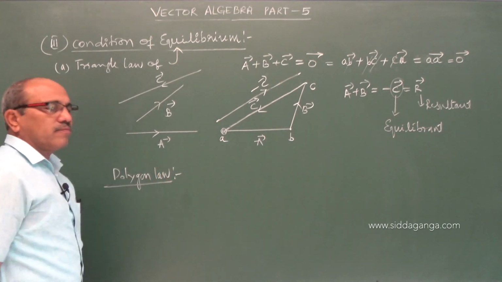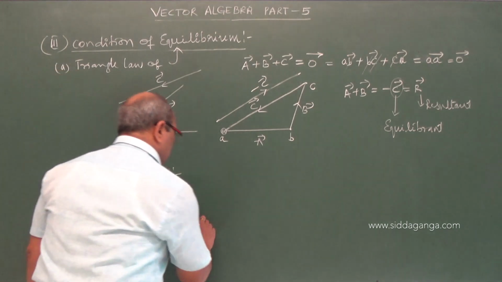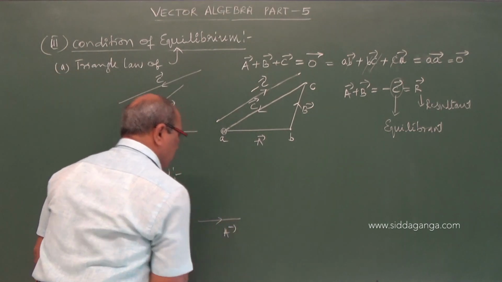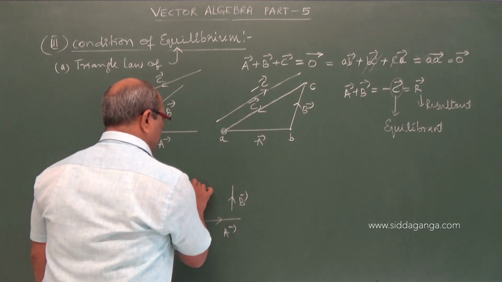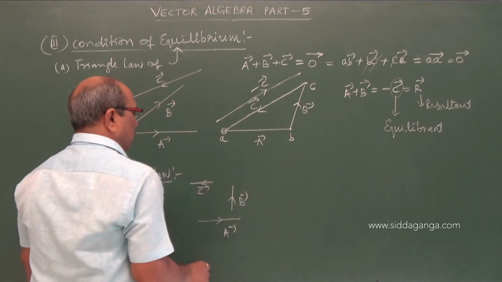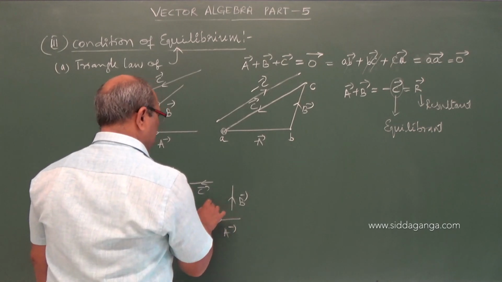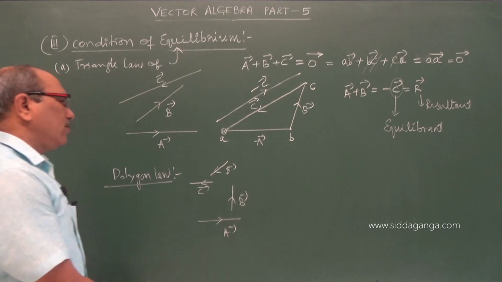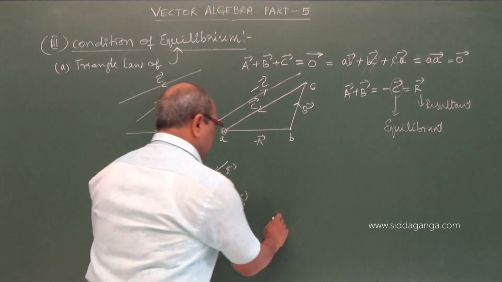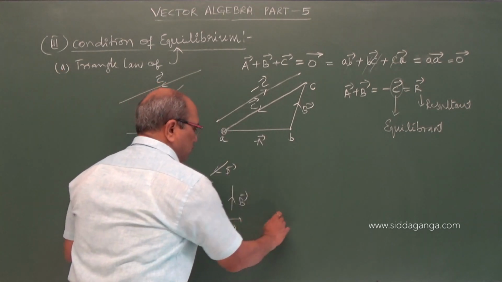Suppose the vectors are A, another vector B, a third vector C, and a fourth one D. Let us add similarly by the tip to tail method.